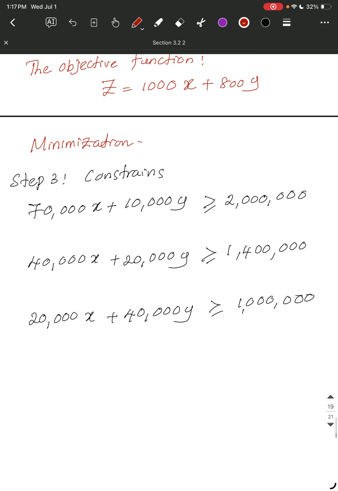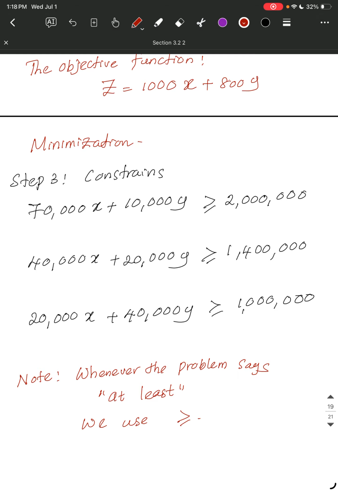Note: whenever the problem says at least, we use greater than or equal.